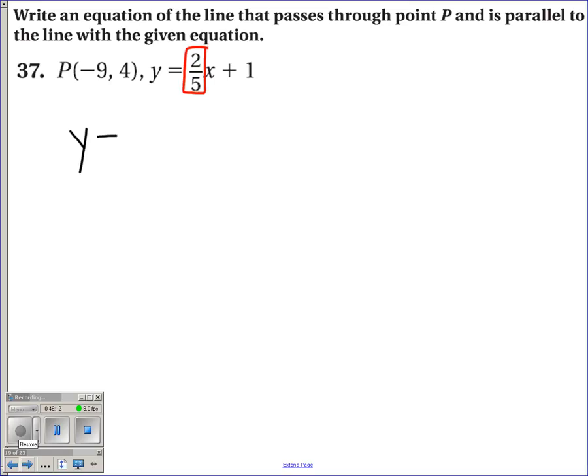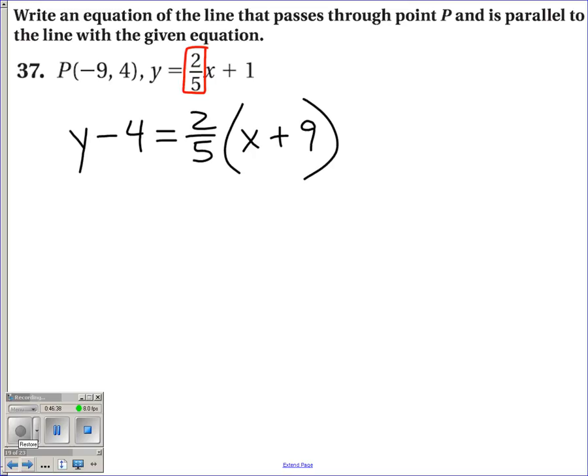Y minus our y coordinate 4 is equal to, again, because it's parallel, 2/5. Otherwise, we'd use -5/2 for perpendicular. And then x minus a -9, that's +9. And that's it. Again, if it doesn't say to change it, I'm going to leave it like that.